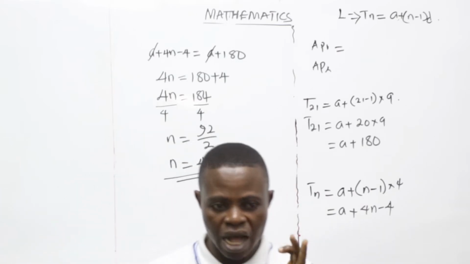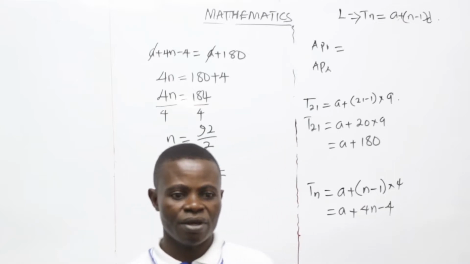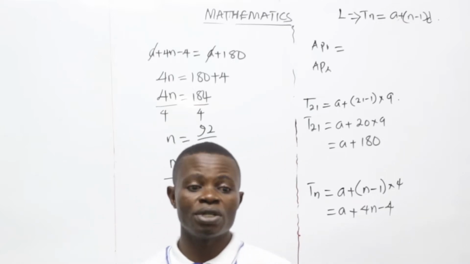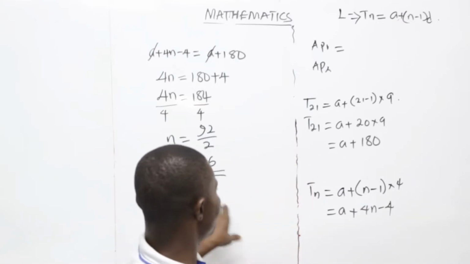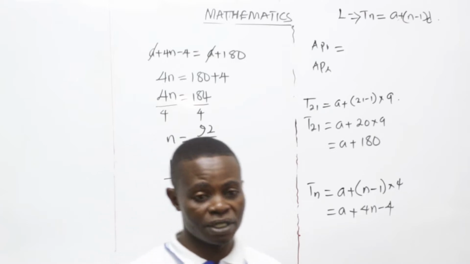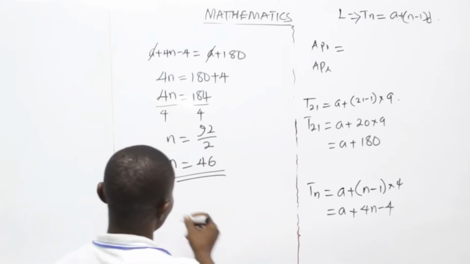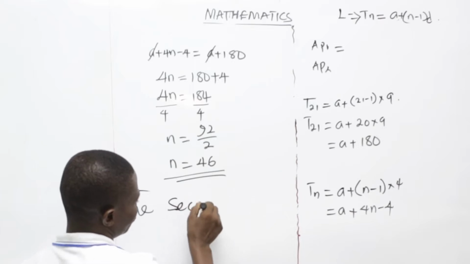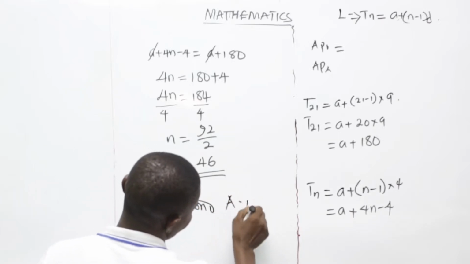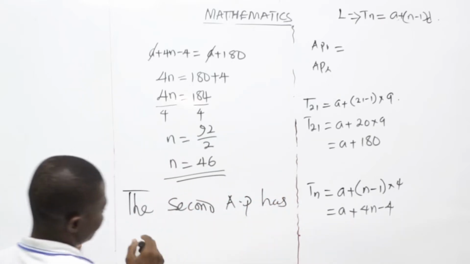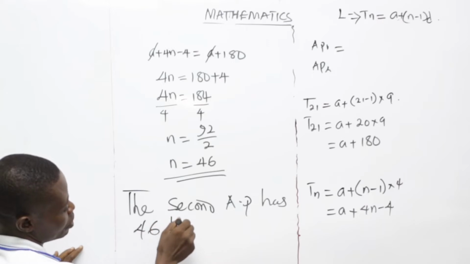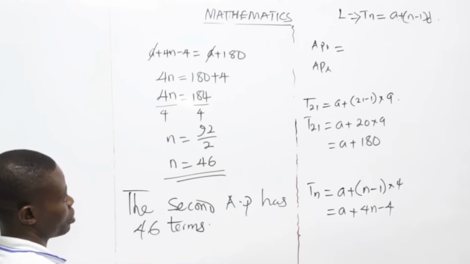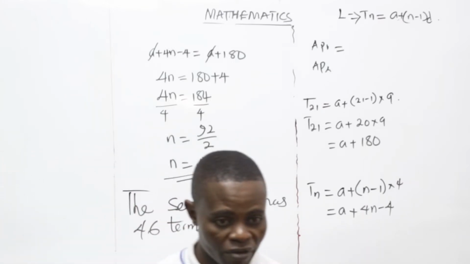How many terms has the other AP if its common difference is 4? The other AP has 46 terms. Therefore, the second AP has 46 terms. So that settles the question for that.